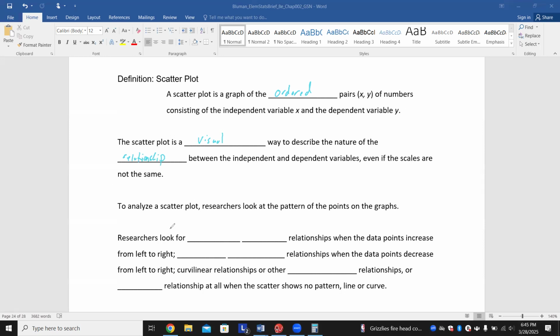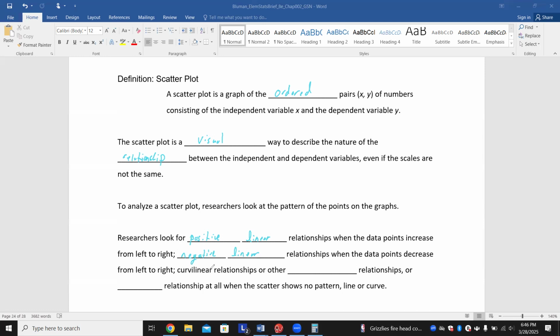So researchers look for positive linear relationships when the data points increase from left to right. A negative linear relationship is when the data points decrease from left to right.